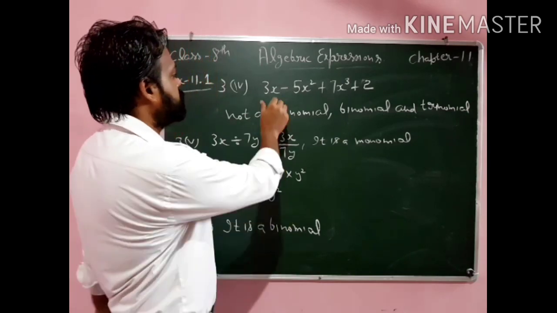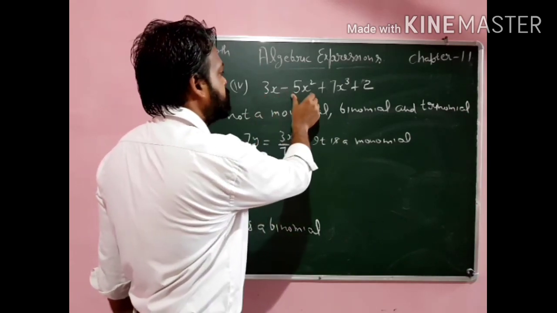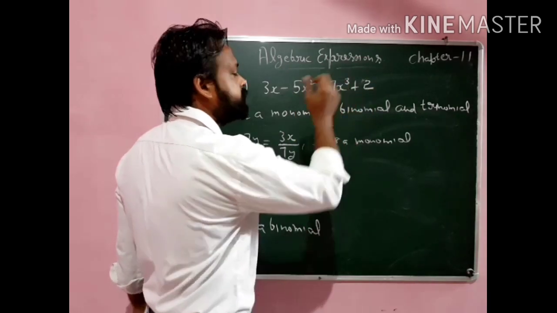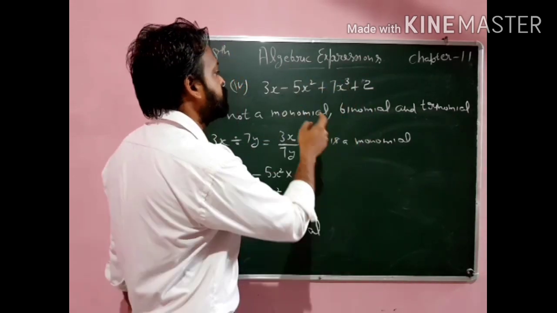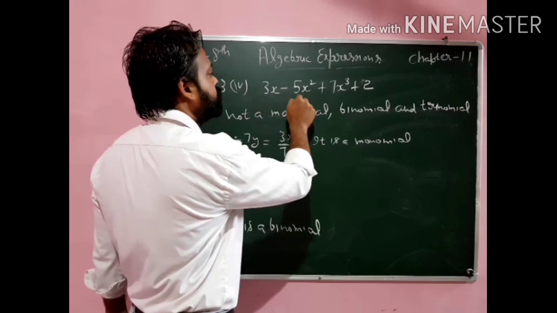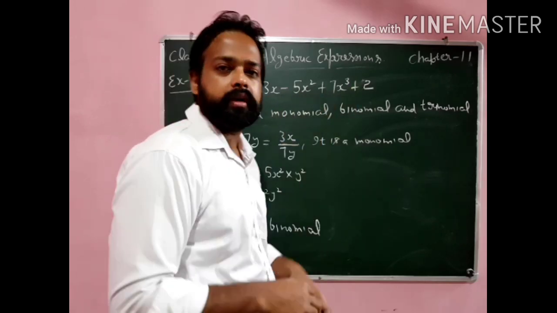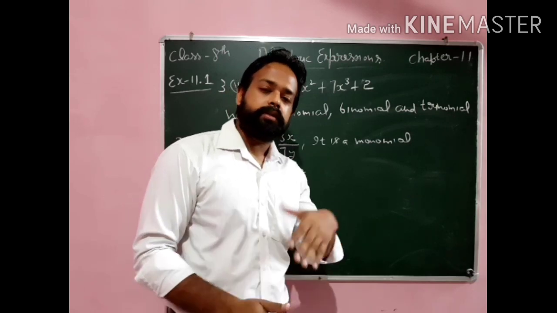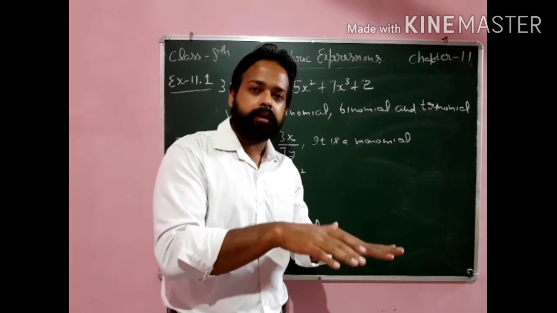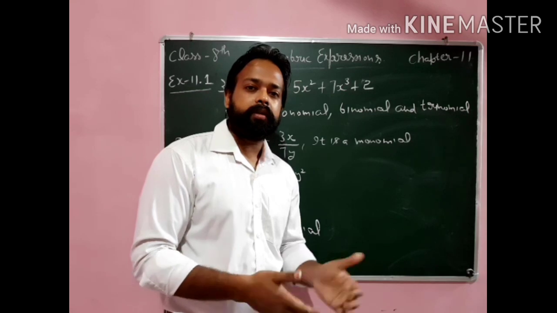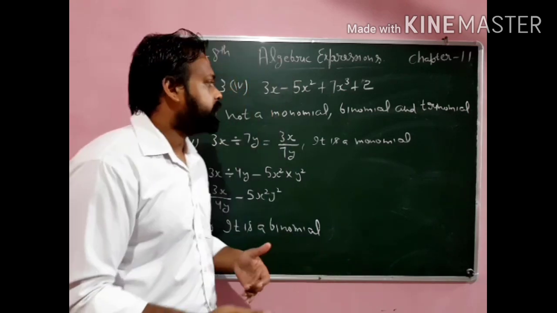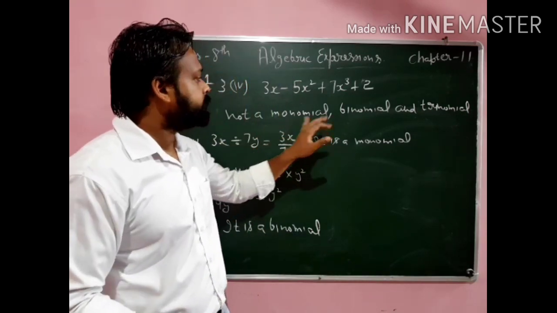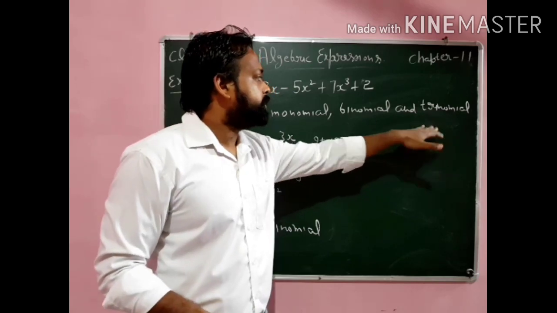This is 3x, this is 5x square, this is 7x cube, this is 2, and you can count the number of terms: 1, 2, 3 and 4. So there are 4 terms in this polynomial. It means it doesn't fall in any type of polynomial which is given to us. That is why I have written not a monomial, binomial or trinomial.